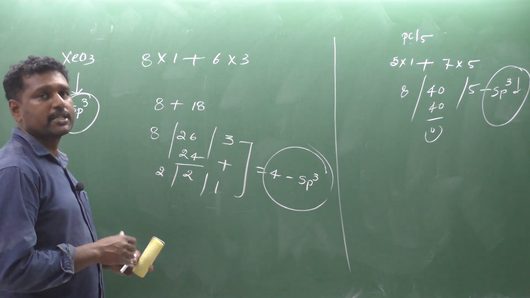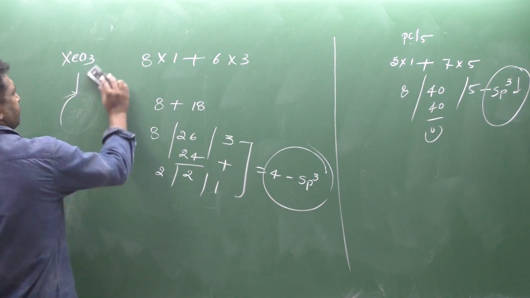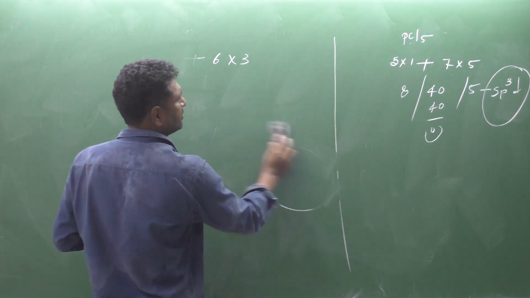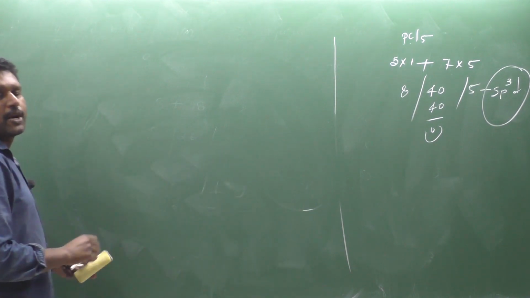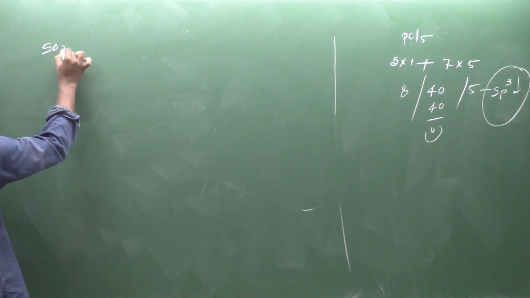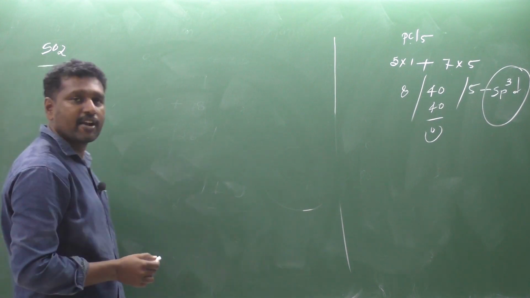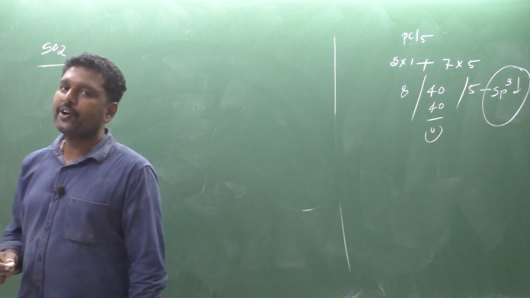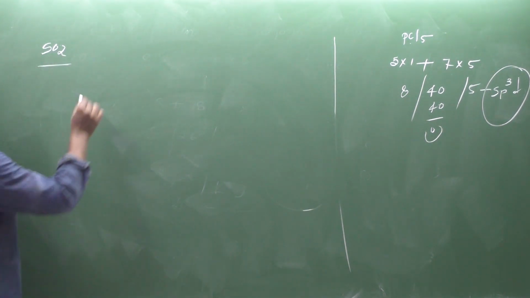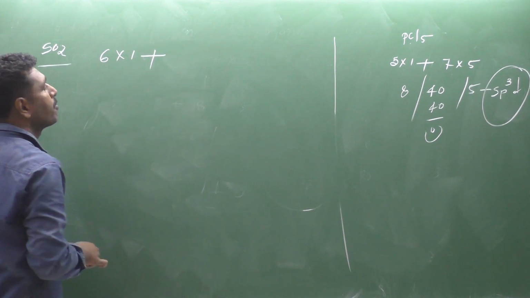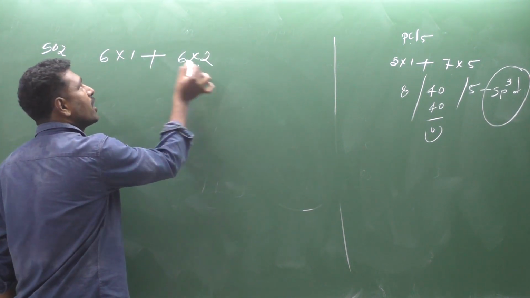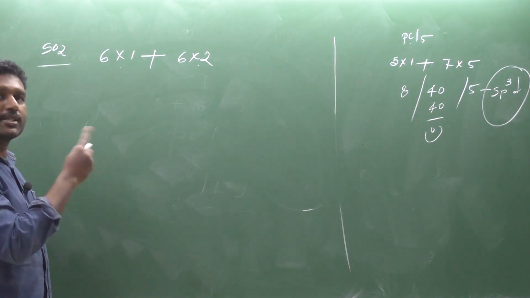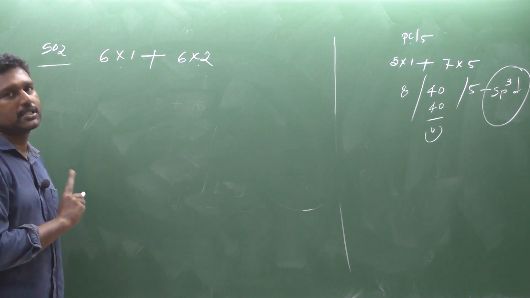After that, I will take one more example, SO2 and SO3. SO2, sulfur dioxide. What is the hybridization of sulfur in sulfur dioxide? In sulfur dioxide, the sulfur group number is 6. Therefore, 6 into 1 plus 6 into 2. Oxygen also belongs to the same group, the group number is 6.